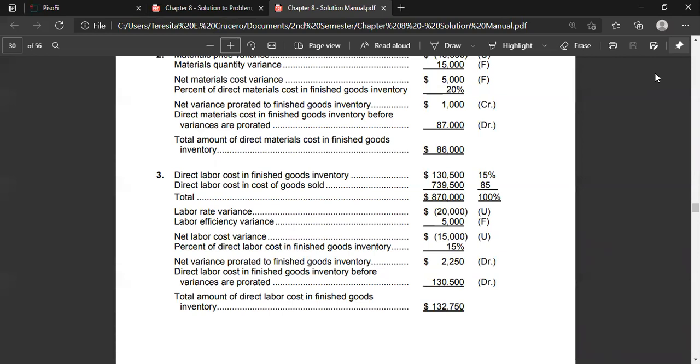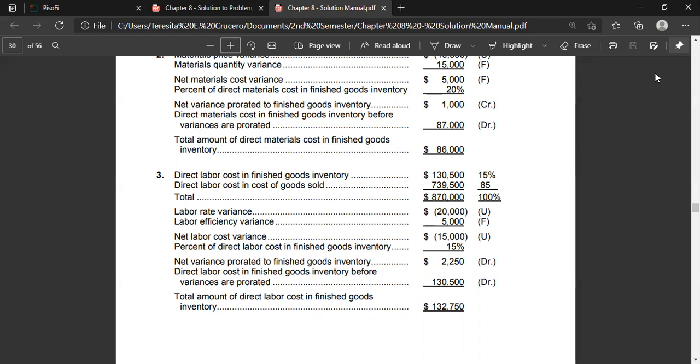So let's find out in number 3, direct labor cost in finished goods inventory is 130,500 direct labor. We divide that by 15%. So we have the direct labor cost in cost of goods sold still equivalent to 85%. So you get it by assuming that your direct labor cost in finished goods is at 15%.